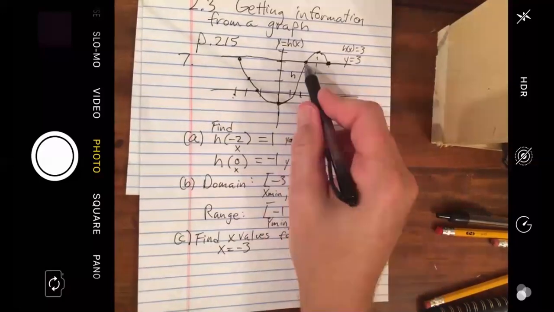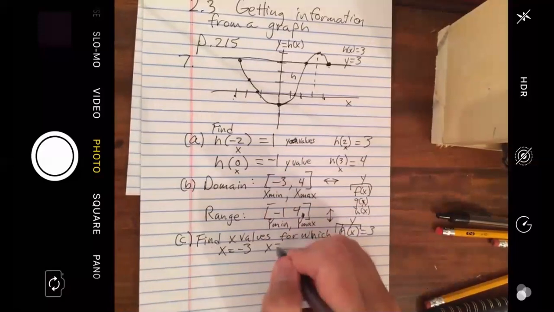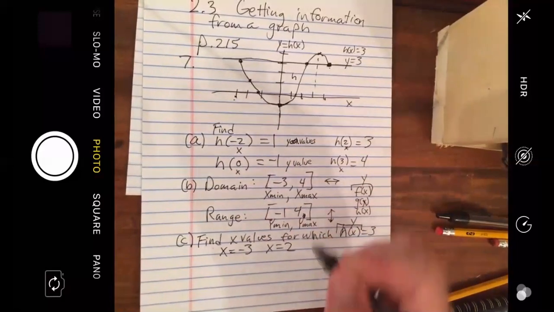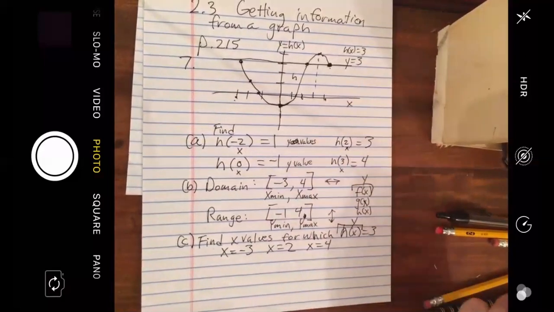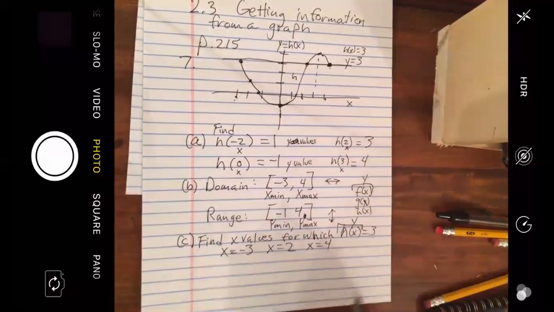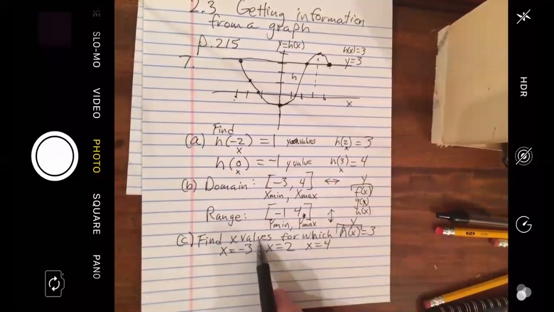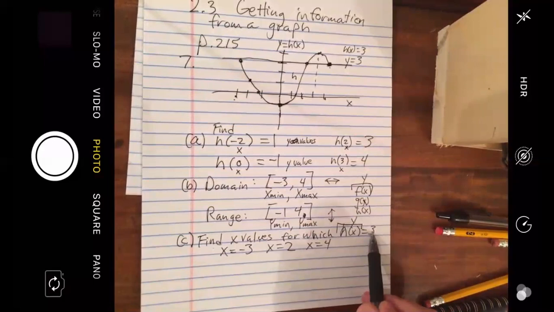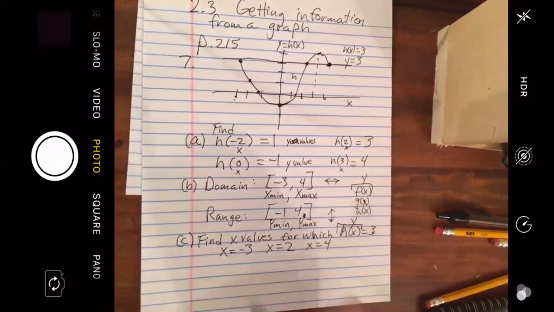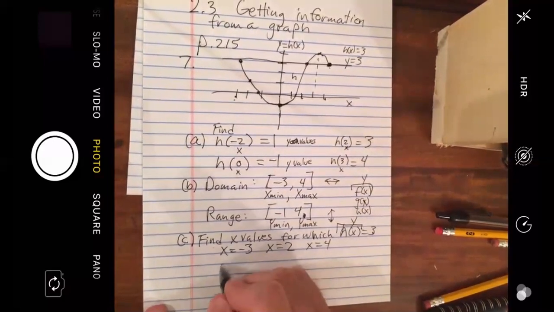The next one right here is going to be at 2. And the last one over there is at 4. Those are the x values for which y is equal to 3. You can read them off the coordinates. The coordinate at -3 is -3, 3.